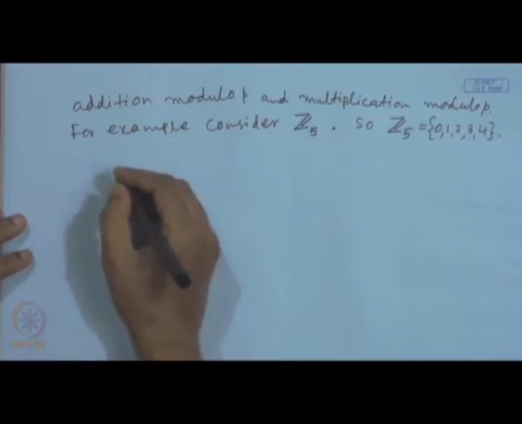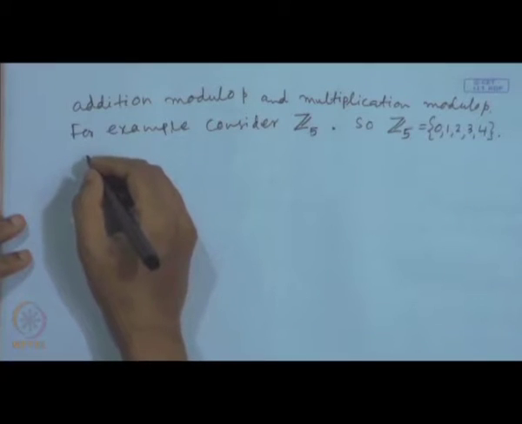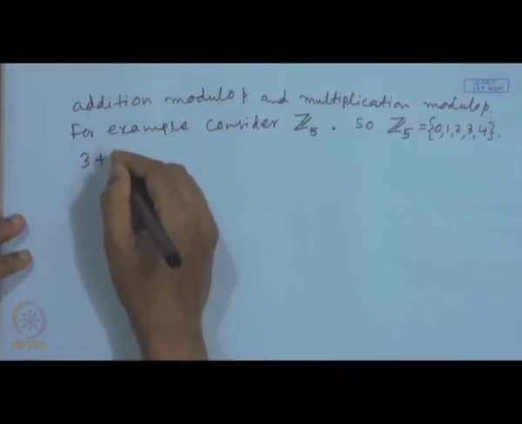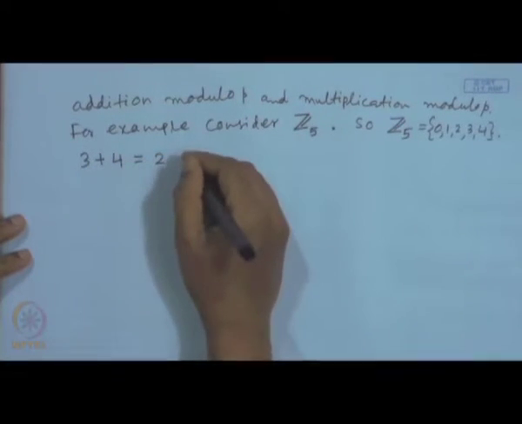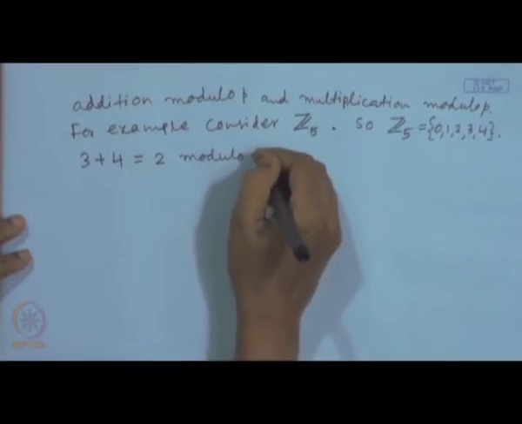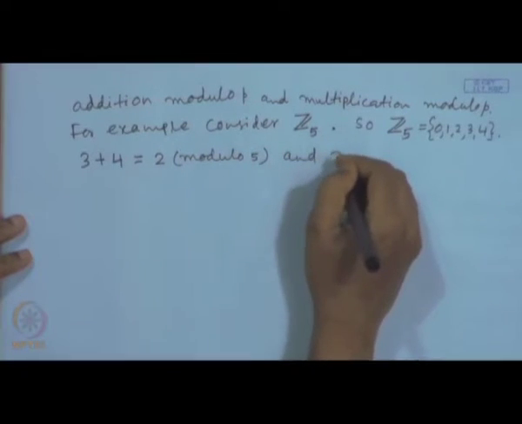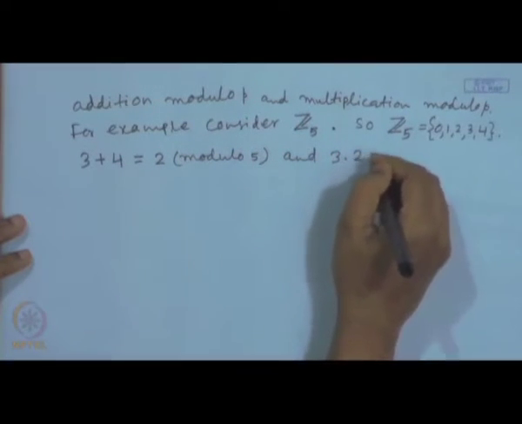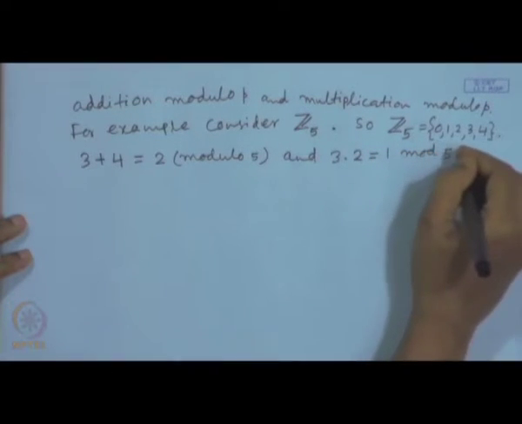Here on Z5, the addition modulo 5 operation is like this: 3 plus 4 is equal to 2 modulo 5, and 3 into 2 is equal to 1 modulo 5.